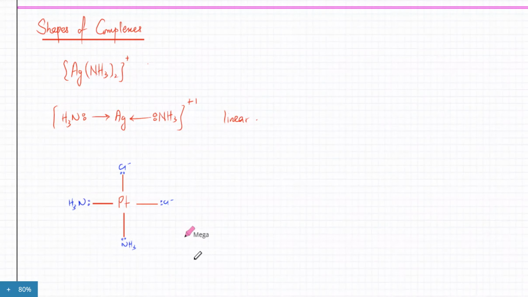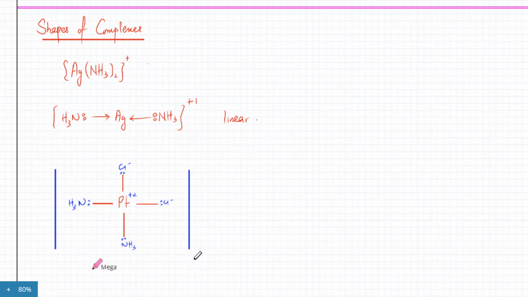Platinum has a charge of +2 in this case. Cl has a charge of -1, and the whole thing is neutral. So this is a square planar arrangement. All the angles are at 90 degrees. The overall charge is going to be 0.